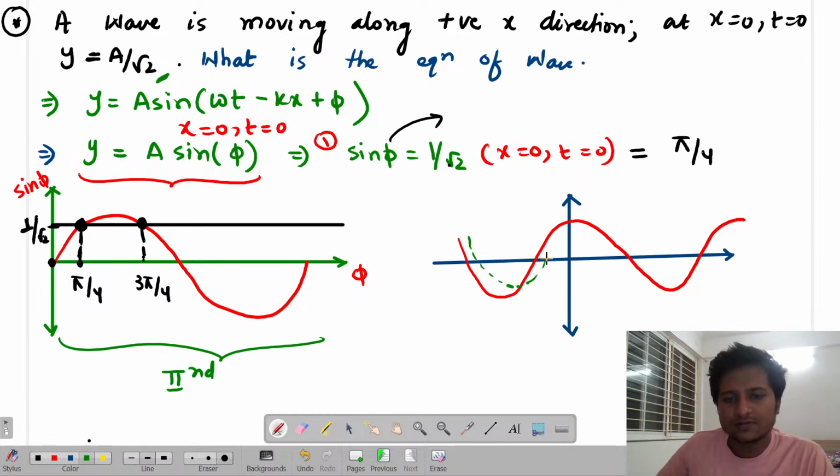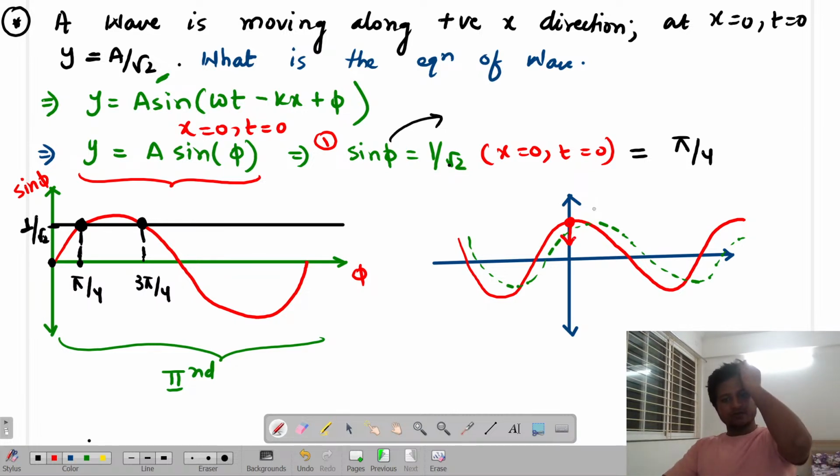Where do you shift it? Towards the right. Now you see that this top point has gone where? Downwards or not?